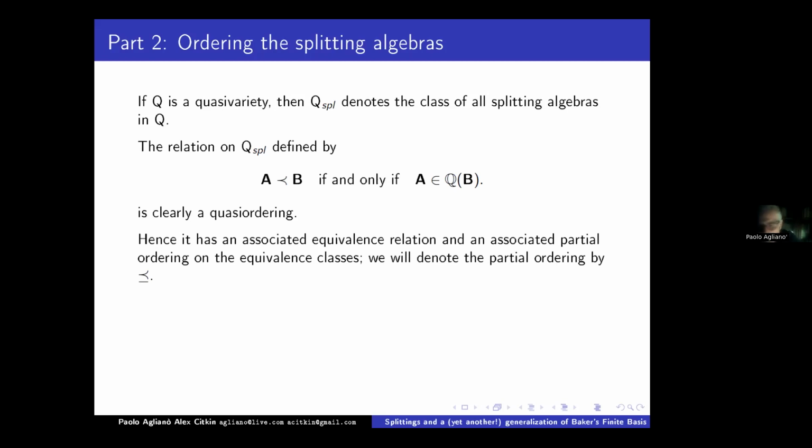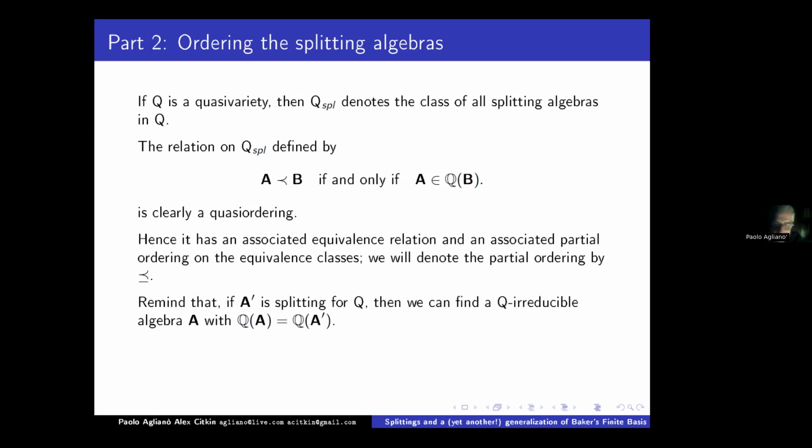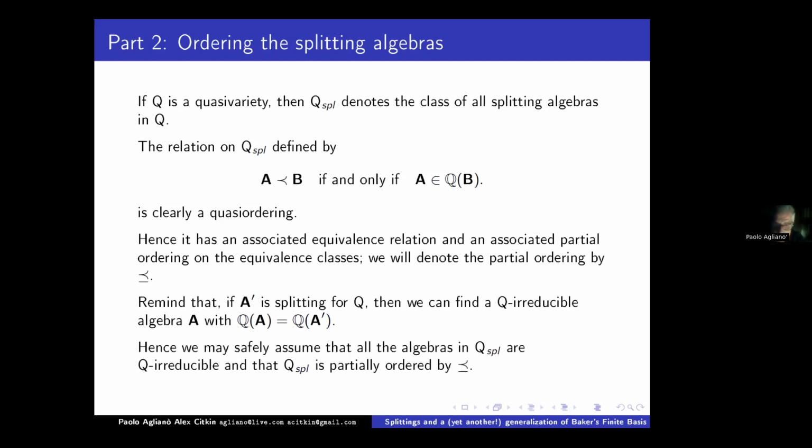And as usual, we denote the partial ordering using this funny symbol, which is, I believe, precheck in LaTeX. And if A prime is splitting for Q, we can always find a Q-irreducible algebra which generates the same quasi-variety, because all the splittings are of this kind. So really, we may assume that all the splitting algebras are Q-irreducible, and that the class of splitting algebras is partially ordered by this ordering.